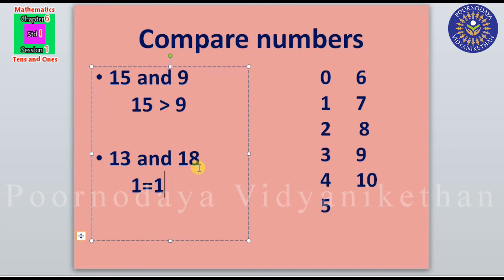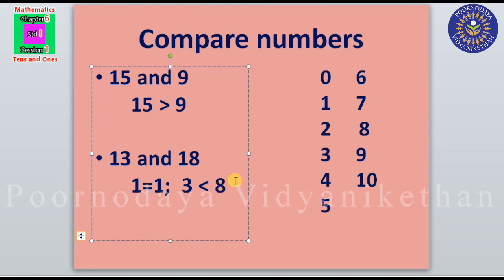So what do we have to do? We have to check the ones place of these two numbers. In the first number, 13, what is in the ones place? 3. And in 18, in the ones place there is 8. We know 3 is less than 8.